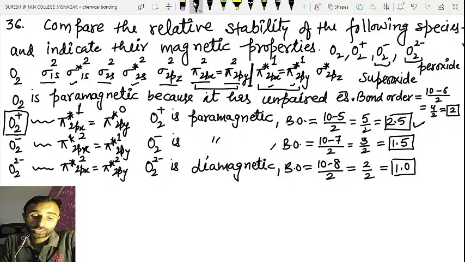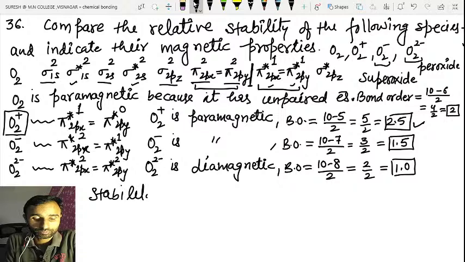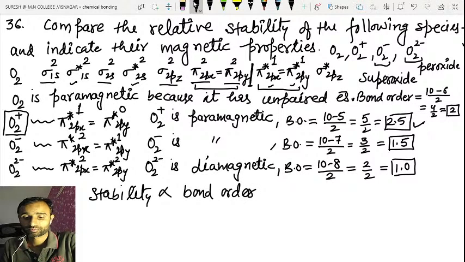Now, one thing that you should keep in mind, that stability is proportional to bond order. Okay, so arrange them in the order of increasing bond order or decreasing bond order.